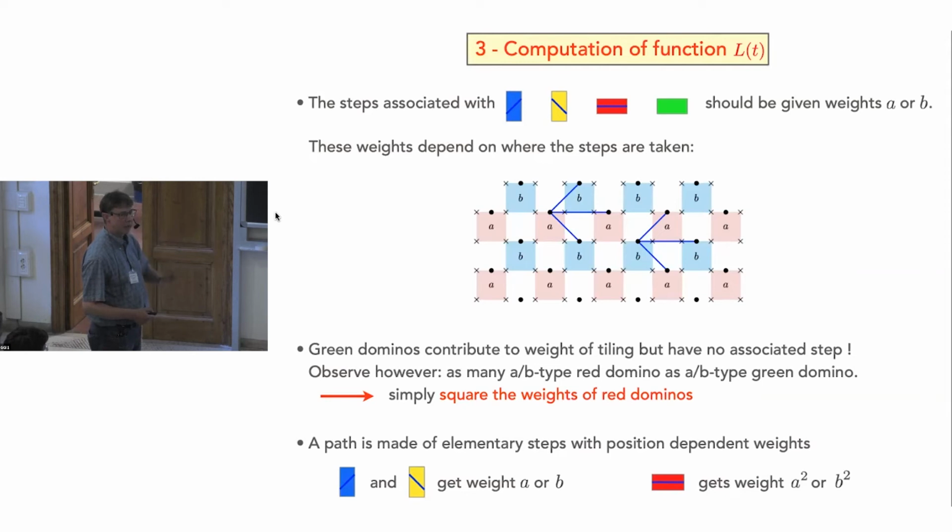So you can forget about the green dominoes and push all the weights on the red ones. Instead of giving the elementary steps weight A and B, you give them weight A or B if they are diagonal steps. But if it's a level step, then you give a weight A squared or B squared, depending on where the step is taken.